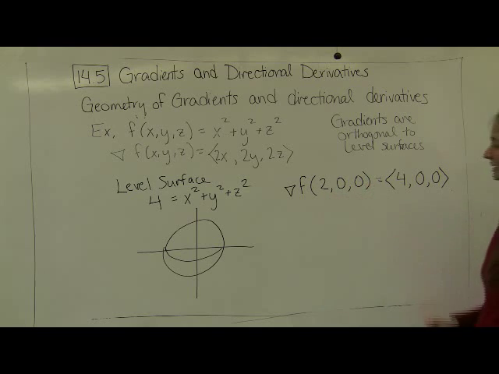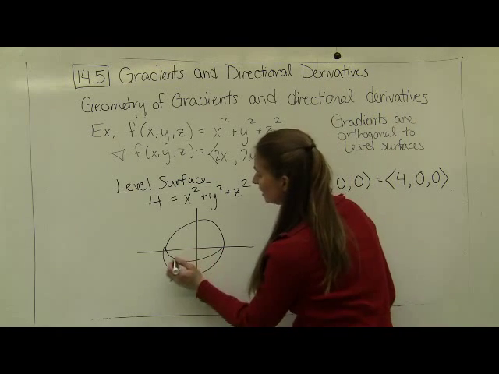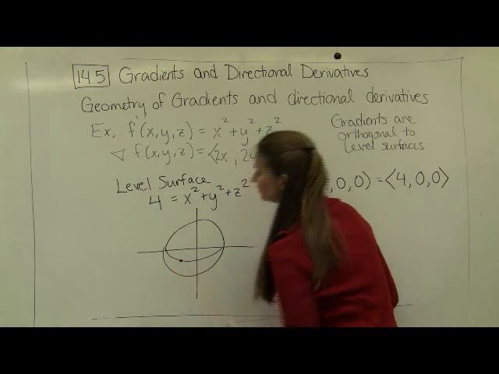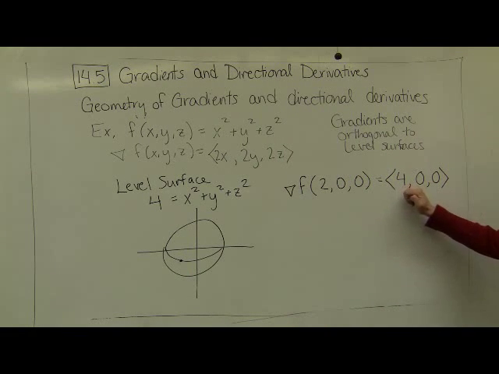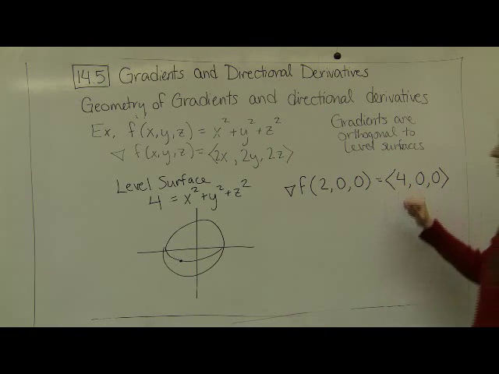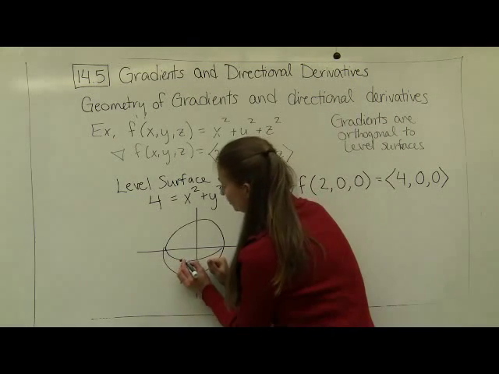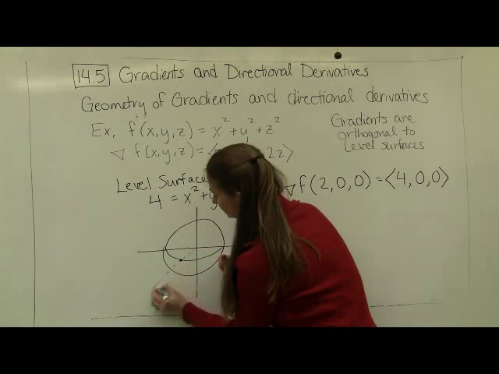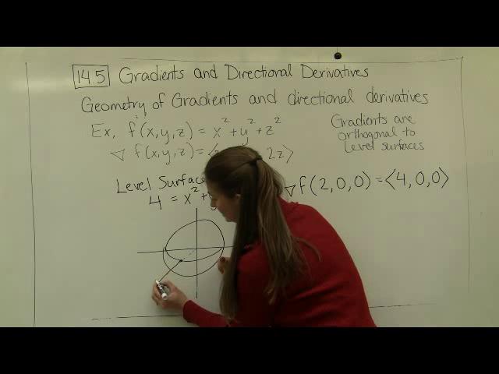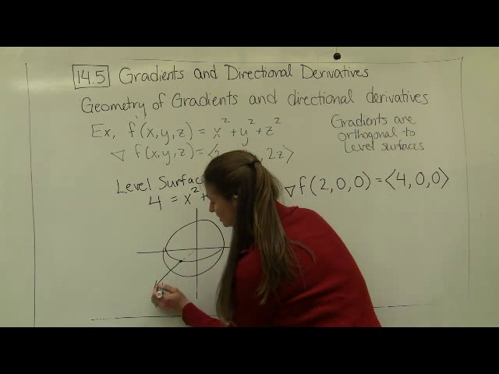So what is this telling me? This tells me that at this point where x equals 2 on the surface of the sphere, I'm going to have a gradient vector with an x component of 4 and 0 for the other components. So this is the vector 4, 0, 0.